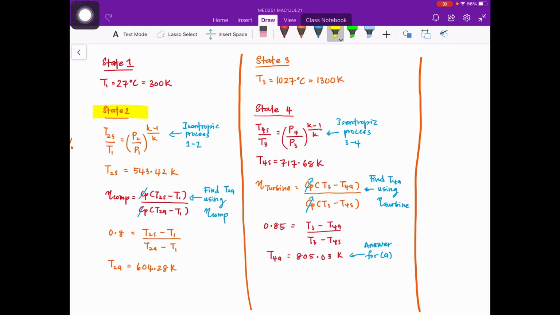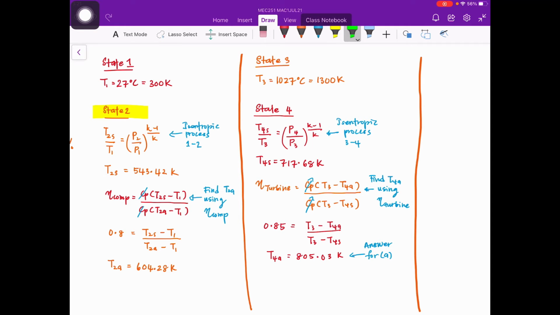For state 2, we are going to determine the temperature T2S by using this isentropic relation, since the process from 1 to 2 across our compressor is an isentropic process.